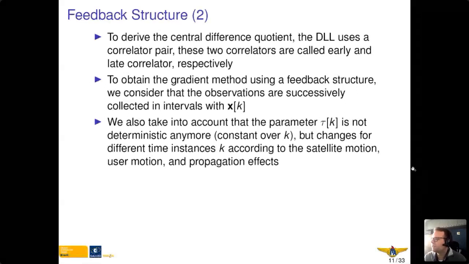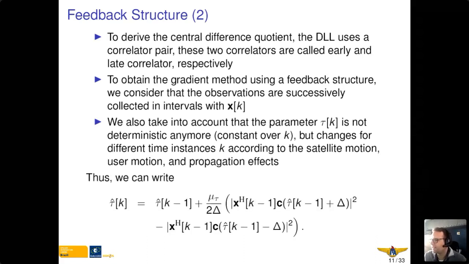We also take into account that the parameter tau k is not deterministic anymore, constant over k, but changes for different time instances k according to the satellite motion or user motion or propagation effects. Thus, we can now write this feedback structure.